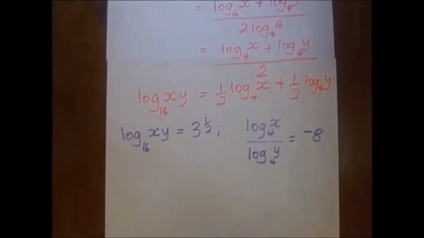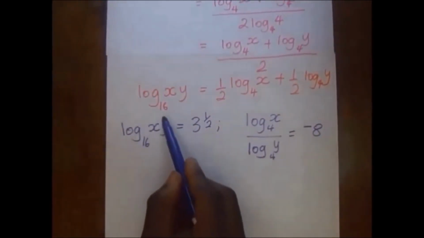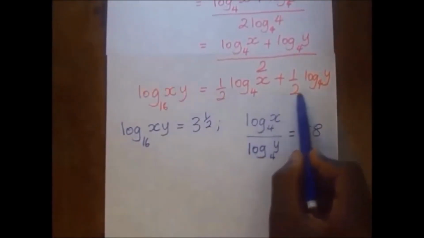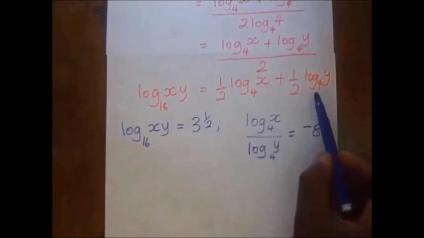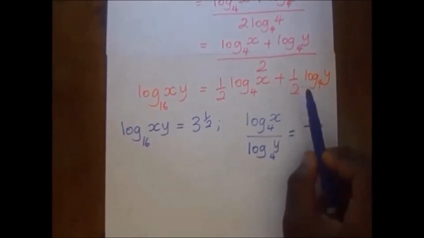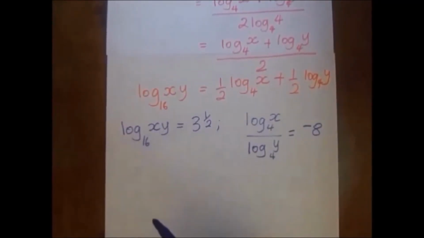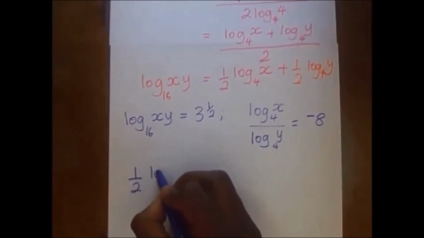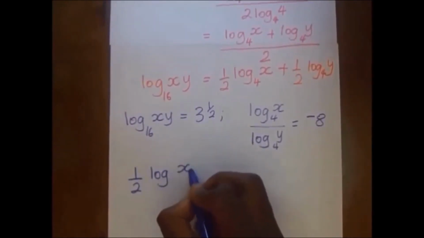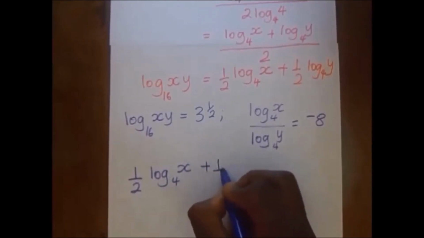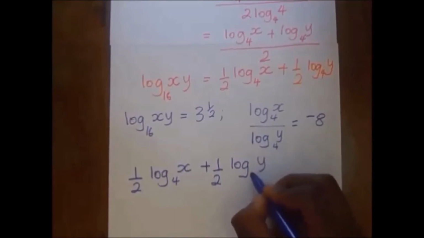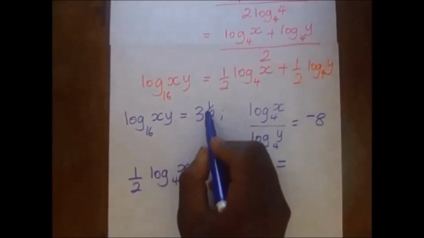So from this pair of simultaneous equations, we know that this log base 16, as we are seeing here, is equivalent to that whole expression that we have just shown. So we modify our first equation and it becomes a half the log of x base 4 plus a half the log of y base 4 is going to be equal to 3.5.